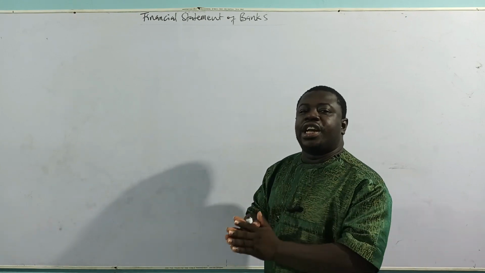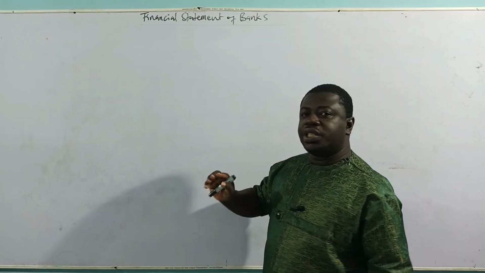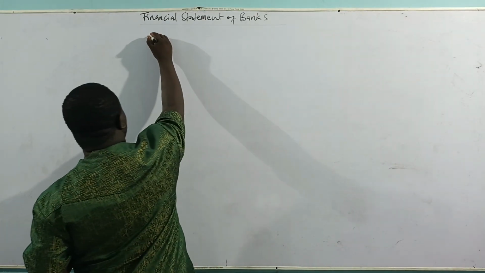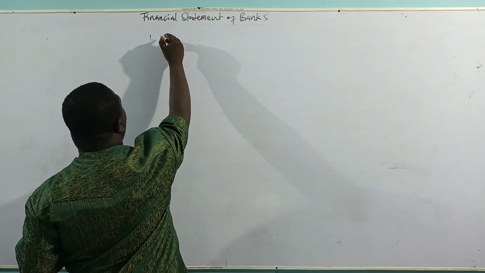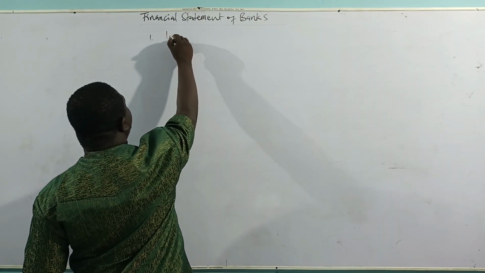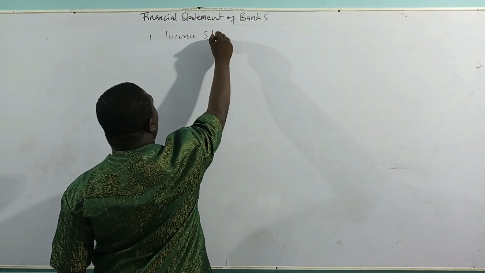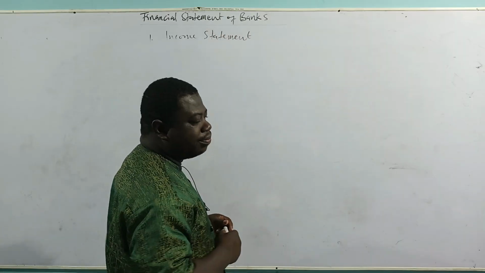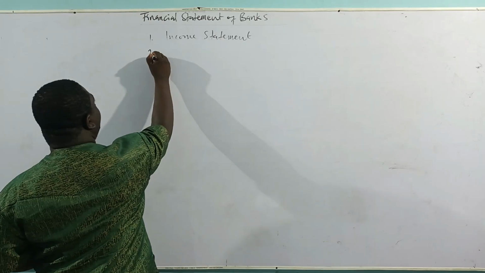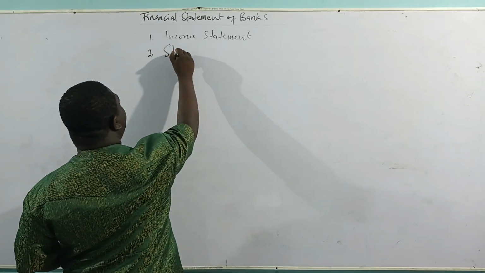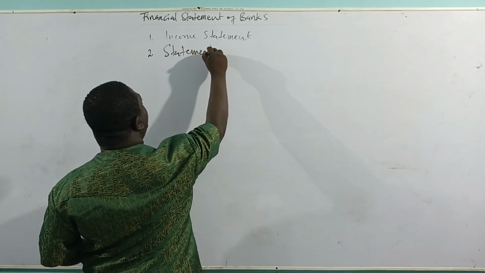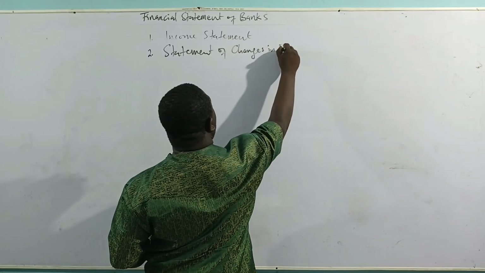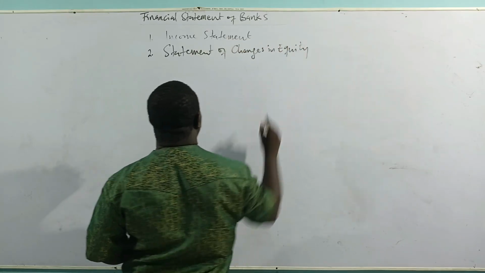For a typical financial statement of banks, you are going to see 5 key things that are being prepared by the bank. The first one is a statement of income, or profit or loss. So income statement, or what we may call statement of profit or loss. And then the bank will prepare a statement of changes in shareholders' equity.